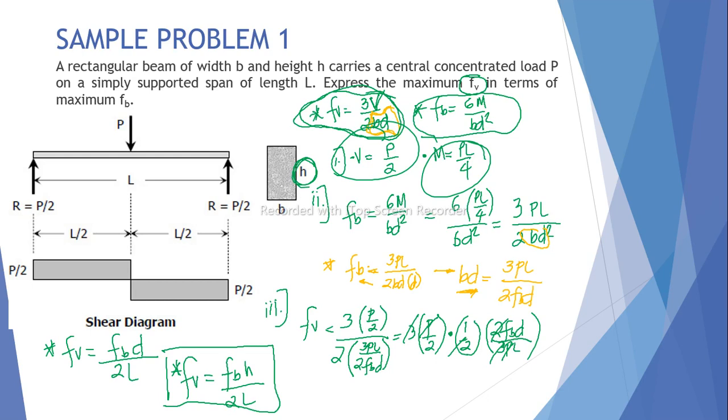This BD is equal to 3PL over 2 times bending stress times D. We substituted this into the shearing stress, and we come up with the final answer: the relationship of maximum shearing stress to maximum bending stress for a rectangular section with a concentrated load P at the center.